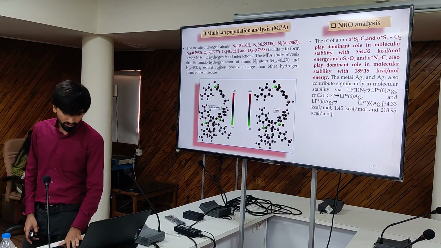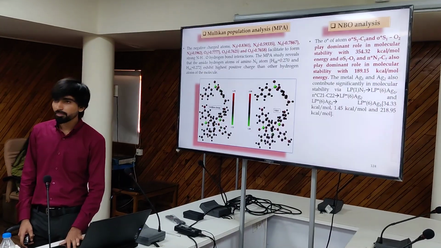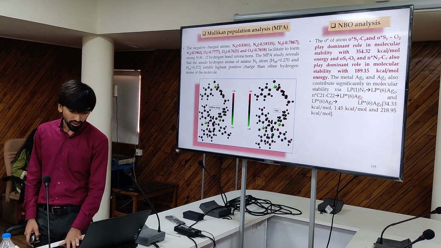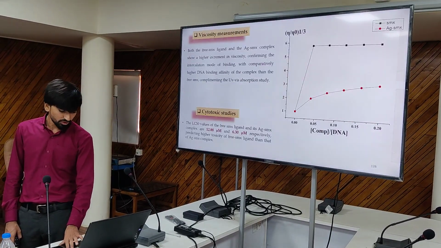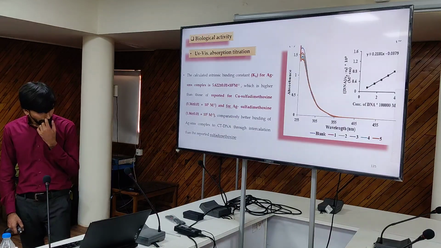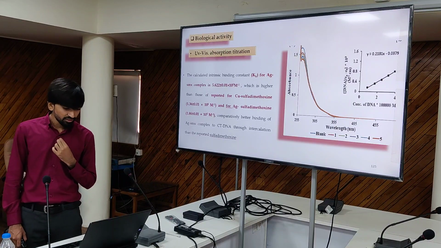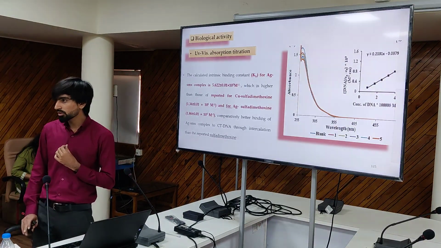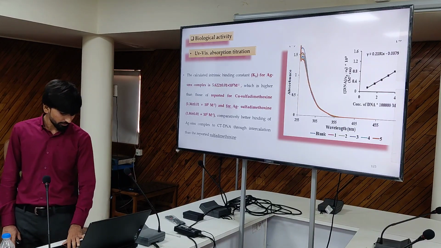From the NBO analysis, a very interesting thing is that sulfur plays the major role in the molecule's stability, as well as the metal also taking part in the stability. From the UV-visible spectroscopy, the binding capability in the case of SMX is 5.6, and very interestingly, in this structure, this is the highest binding affinity compared to all the reported data available.